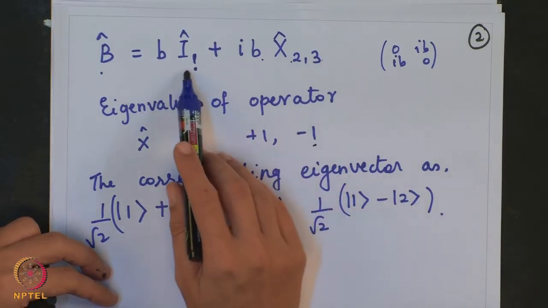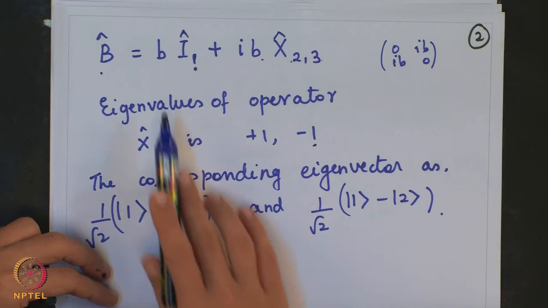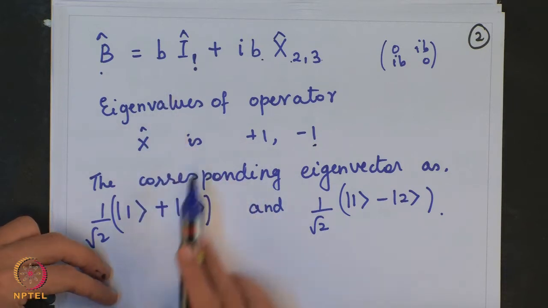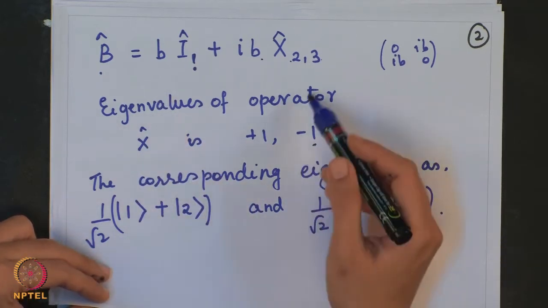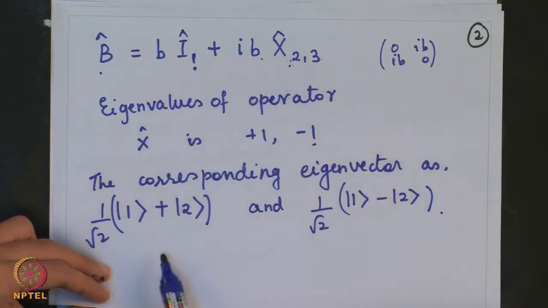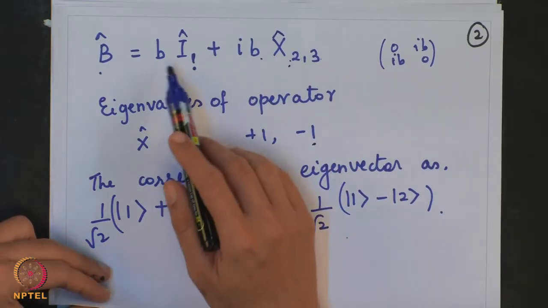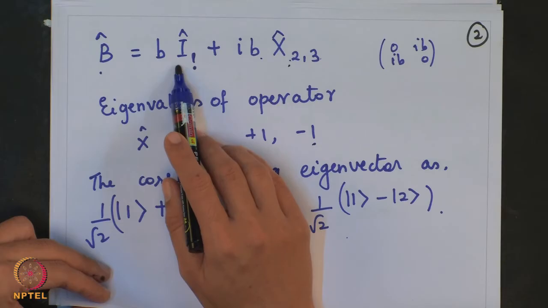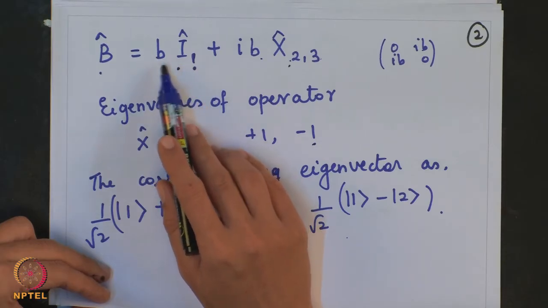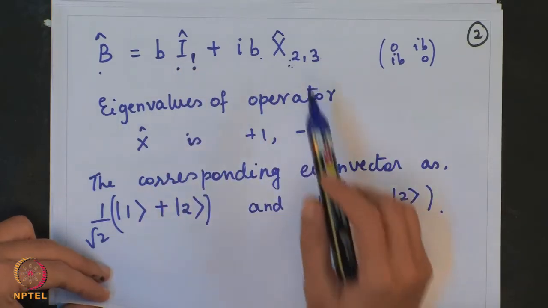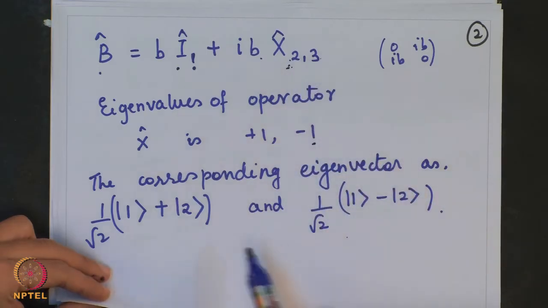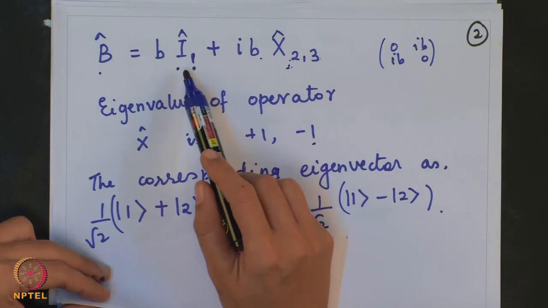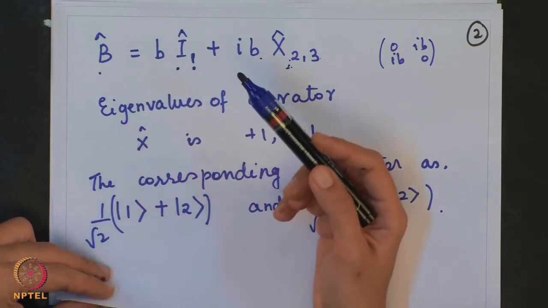This is an identity operator, so it will have eigenvalue b. The eigenvector of operator x is this quantity, and the eigenvector of the identity operator will be ket 1.